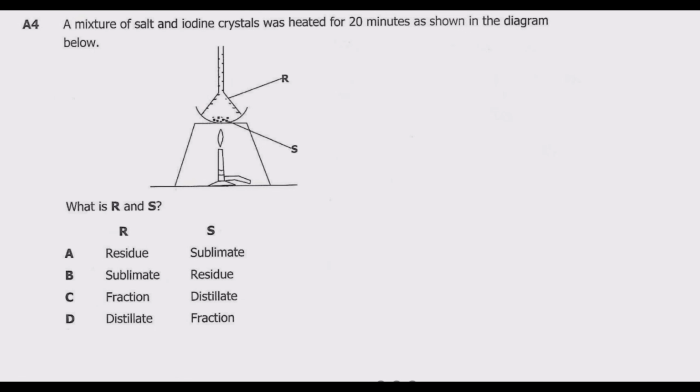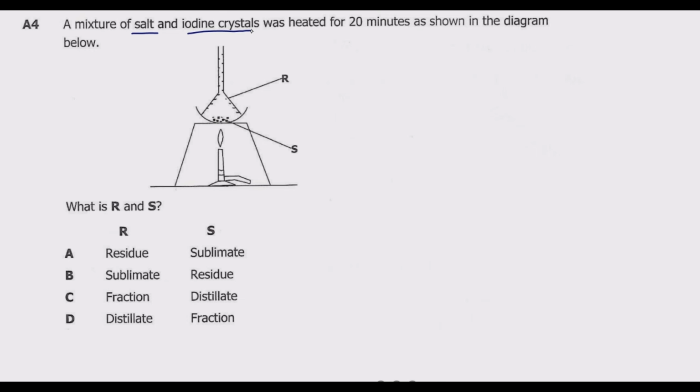Let us look at question A4. A mixture of salt and iodine crystals was heated for 20 minutes as shown in the diagram below. What are R and S? If you look at what we have, salt and iodine crystals. When iodine crystals are heated, they are going to sublimate.